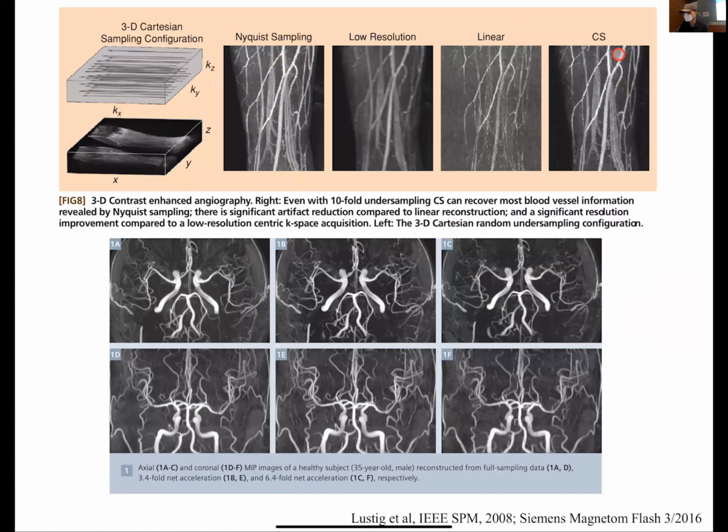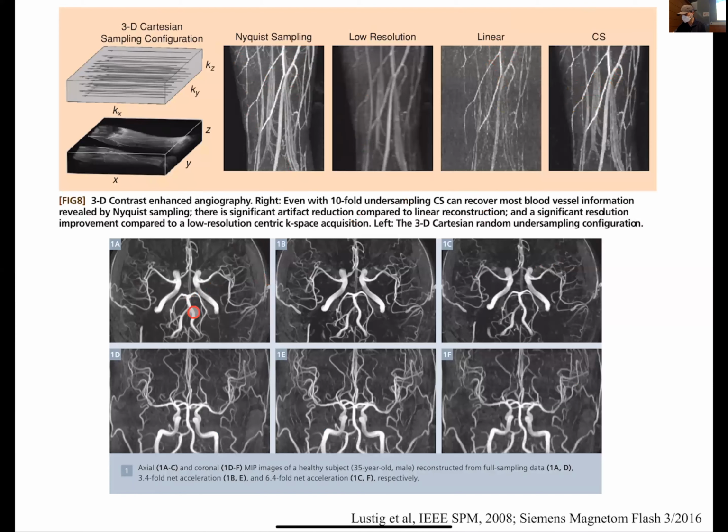And you can see here, I've done a pretty good job. Whereas if I just did low resolution to go faster, I'm not going to retain my detail. And if I just took my data and did the linear reconstruction, like a minimum norm estimate, I'm also not going to get a very good estimate. So it's by imposing that constraint that compressed sensing is able to figure out how to do it.